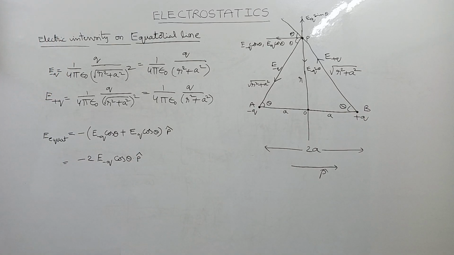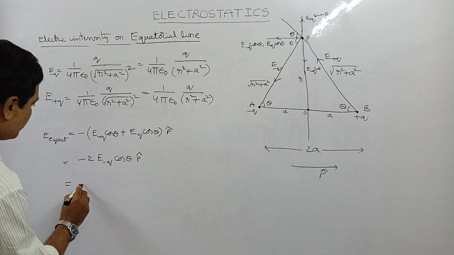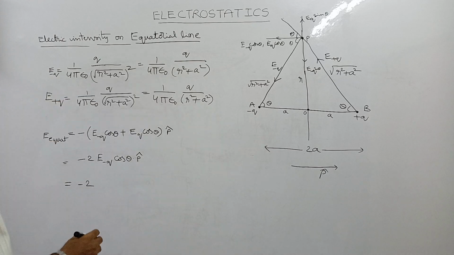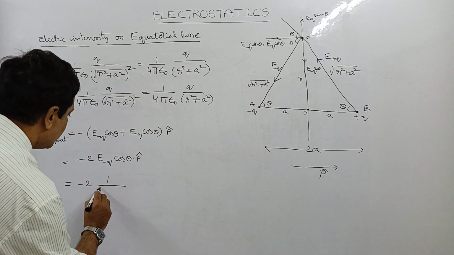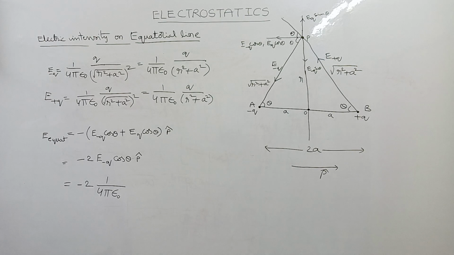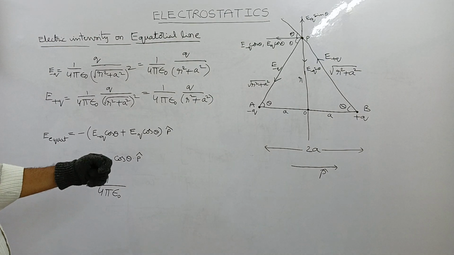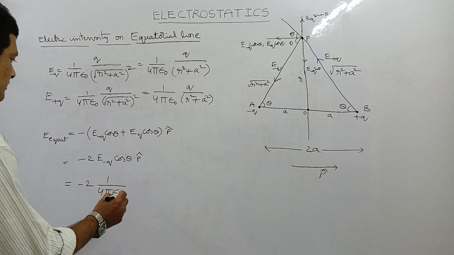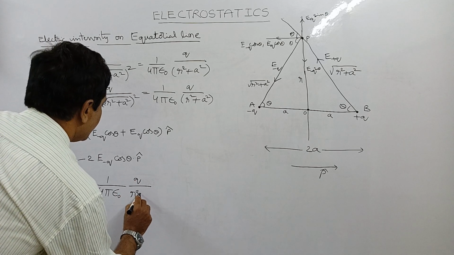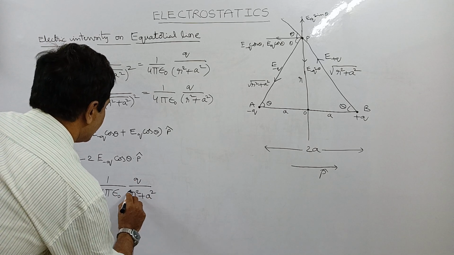Okay, see here again minus 2. What is E minus Q here? 1 by 4 pi epsilon naught Q by R square plus A square.